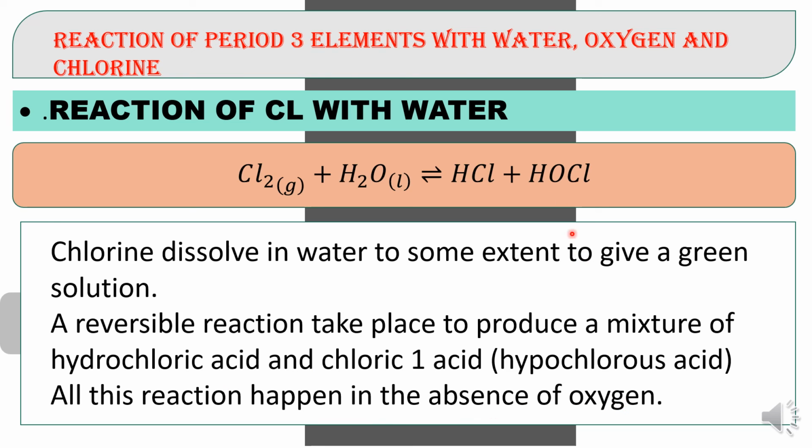The next thing I want to share is the reaction of chlorine with water. In this reaction, hypochlorous acid is a very weak acid as well as unstable, and in the presence of light this reaction becomes irreversible and hypochlorous acid decomposes into HCl plus oxygen.